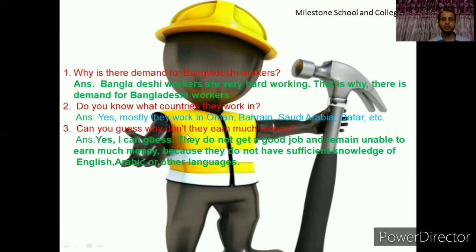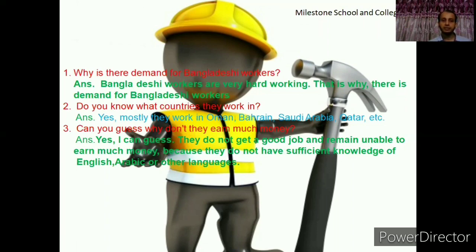Can you guess why they don't earn much money? Look at that. If you compare Bangladeshi workers to Indian workers and Sri Lankan workers, Bangladeshi workers do not get enough money. So the answer will be yes, I can guess. They do not get a good job and remain unable to earn much money because they do not have sufficient knowledge of English, Arabic, or other languages.